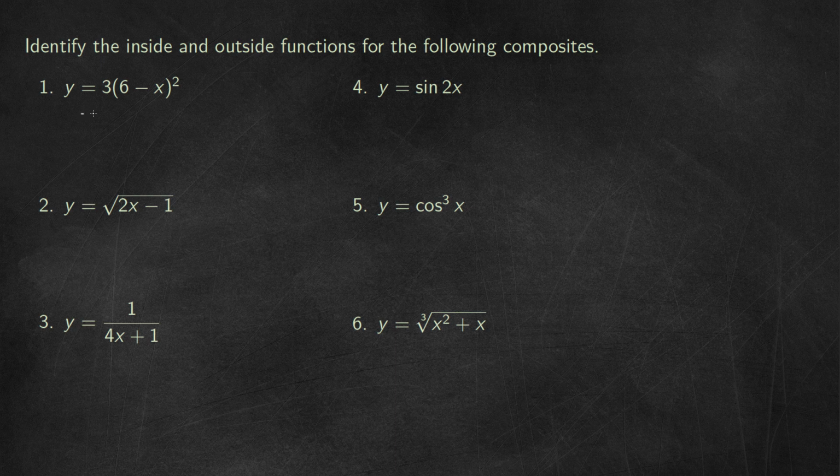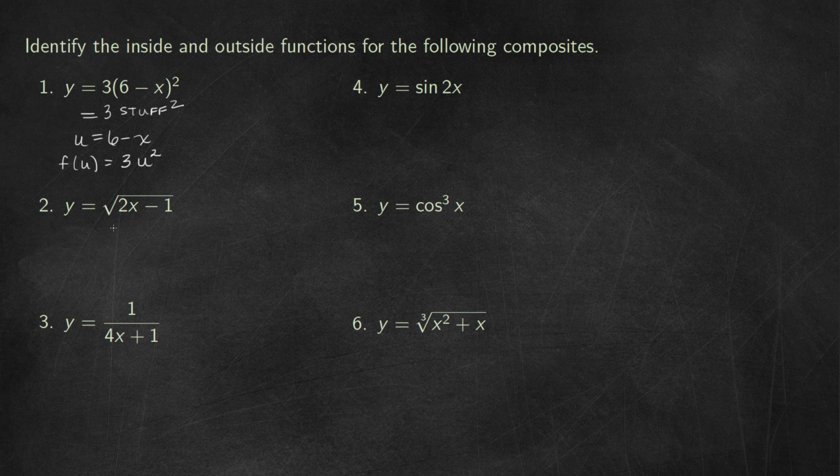So I'm going to think of this as 3 times stuff squared, where the stuff is my inner function that I'm going to define as u. So I have u equals 6 minus x, and then my outside function, f of u, is 3 times u squared. 3 times stuff squared, in other words, is my outside function, 3u squared.